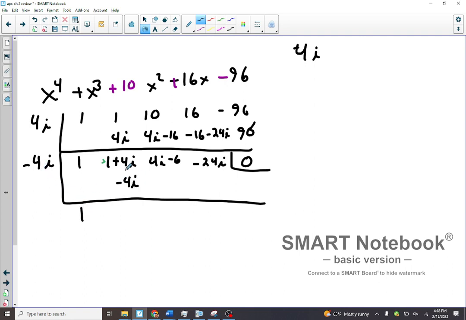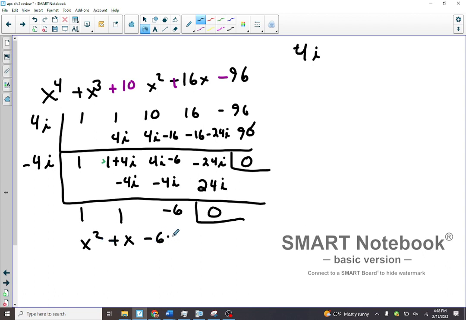Luckily, the second part's easy because basically the i's get canceled out. Oh, 0. So then now I'm left with x squared plus x minus 6.